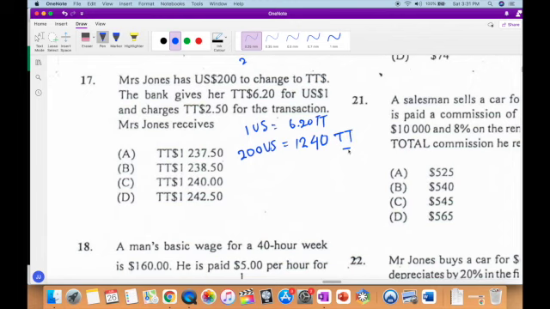Yeah, and then I have to minus $2.50. So that will give us minusing $2. So if I minus $2, I'll end up with $12.38, and then I minus another 50 cents, I'll end up with $12.37.